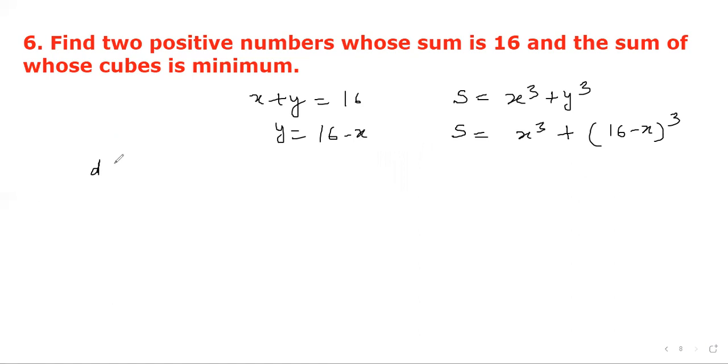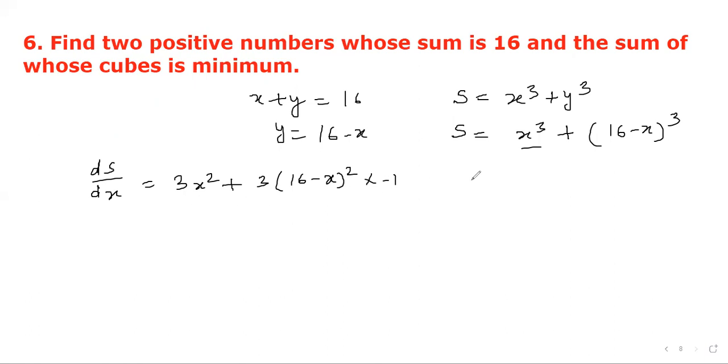Now we differentiate s, ds by dx will be equal to 3x square for the differentiation of the first, and 3 times (16 minus x) whole square times minus 1 for the second.